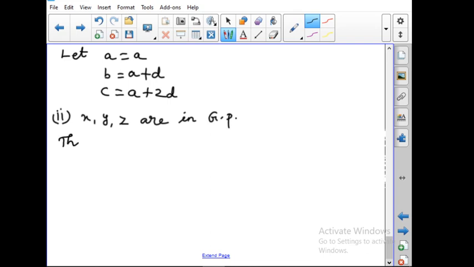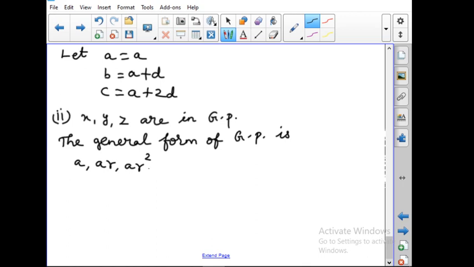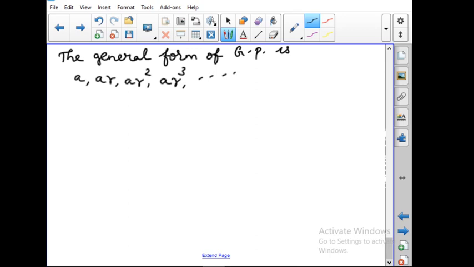We know the general form of GP is A, AR, AR square, AR cube, etc. Here also we have to compare with X, Y, Z. So we keep X equal to A, Y equal to AR, Z equal to AR square. Now we have to assume like that.